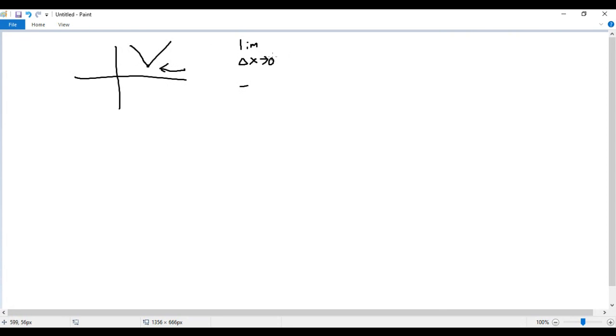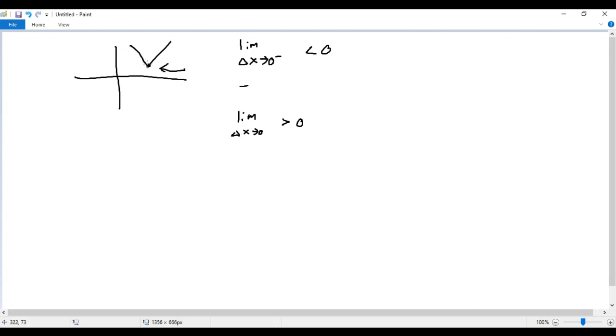So the limit as delta x approaches 0 from a negative side would be smaller than 0. But from this positive side, you're going to have a positive slope. So this limit as delta x approaches 0 would be bigger than 0 and positive. Because these two approach two different values, the actual limit does not exist.